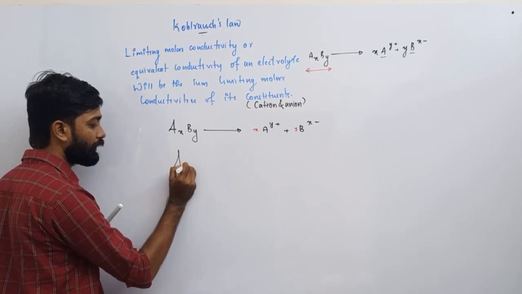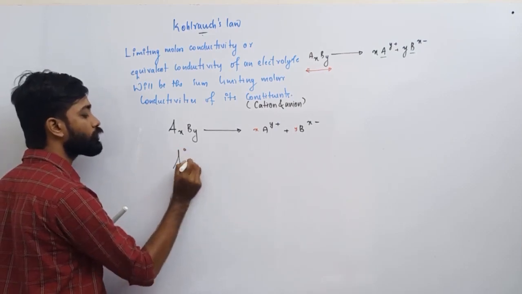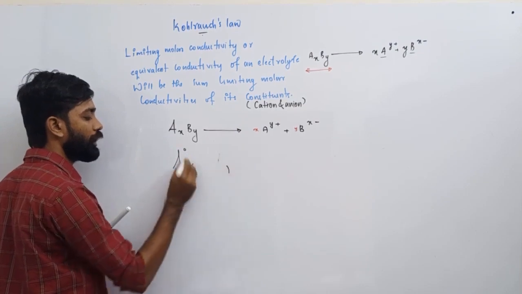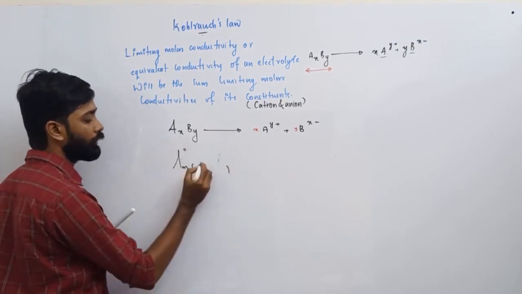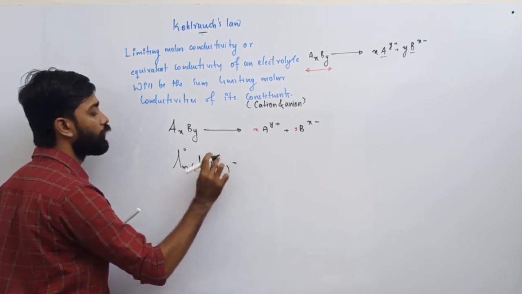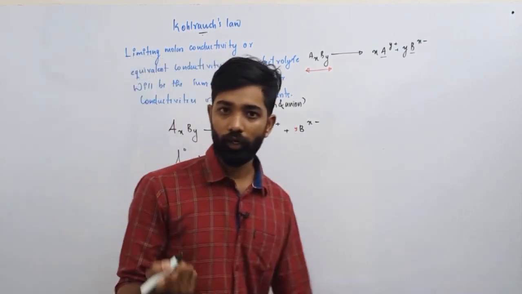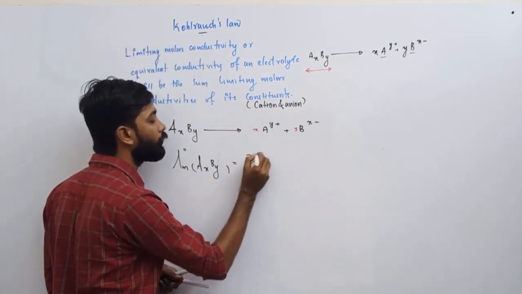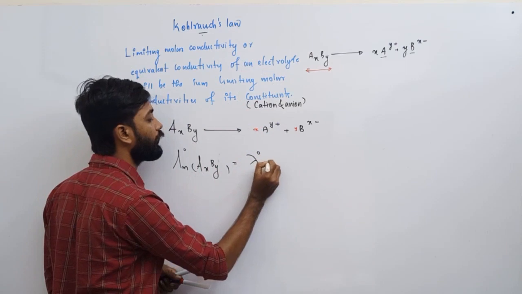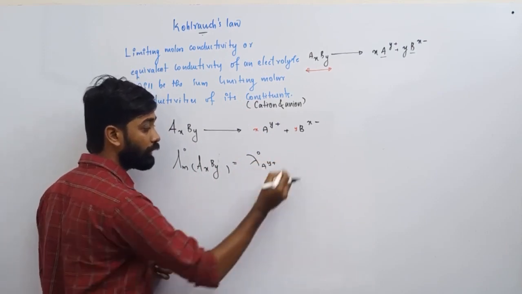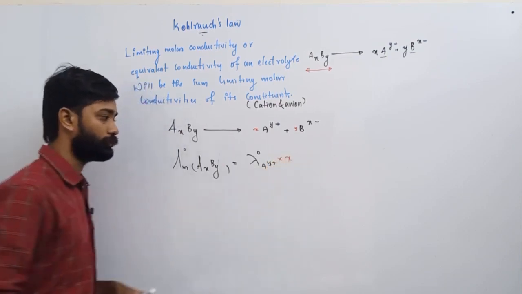So, let me write the Kohlrausch's law expression for molar conductivity of this electrolyte. Lambda m0, limiting molar conductivity of the electrolyte AxBy. What is it? This will be the limiting molar conductivity of the cation, A^y+, into the number of cations.